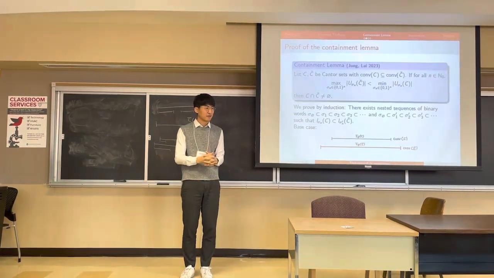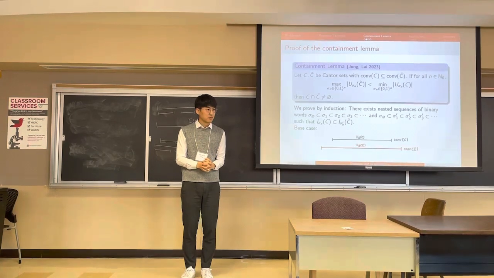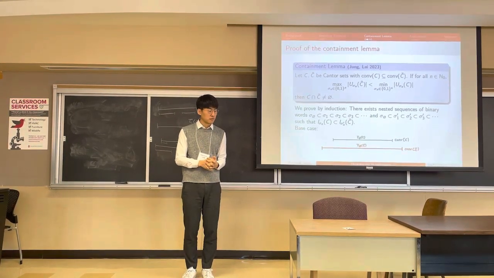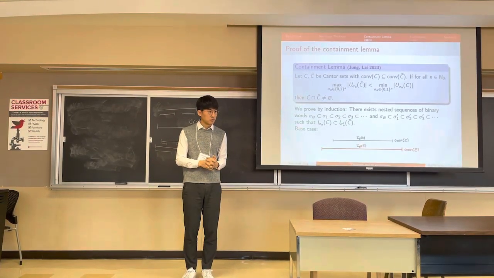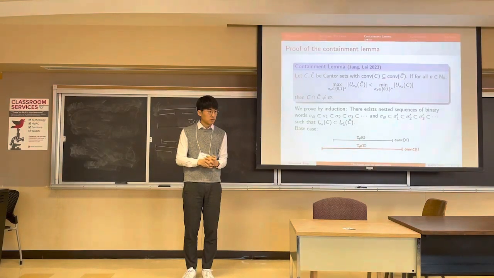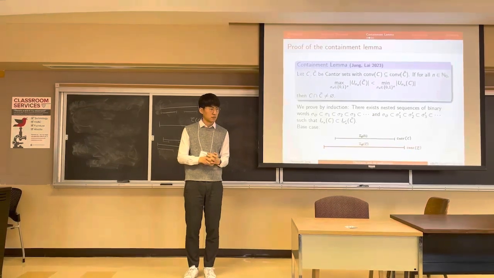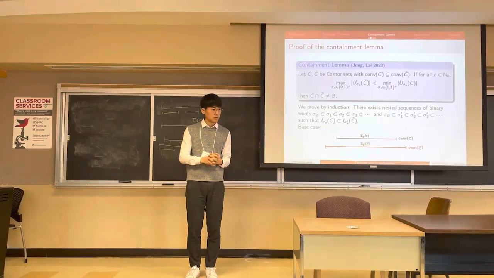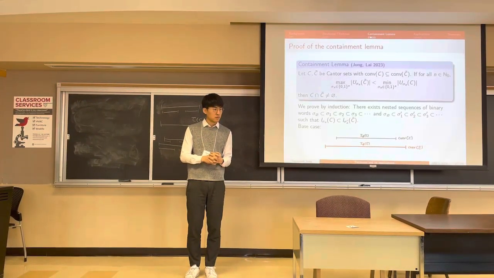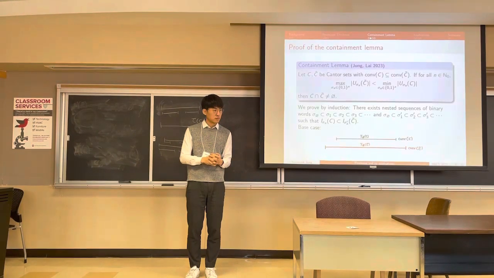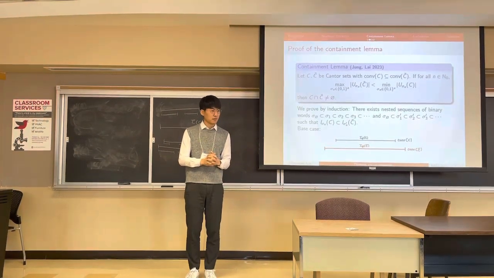Can I ask a question about the definition of Newhouse thickness here? At the beginning, you defined Cantor sets to be perfect, totally disconnected sets, right? But it seemed you defined Newhouse thickness only for Cantor sets you generate by removing gaps. Is it only for those types of Cantor sets? Right.